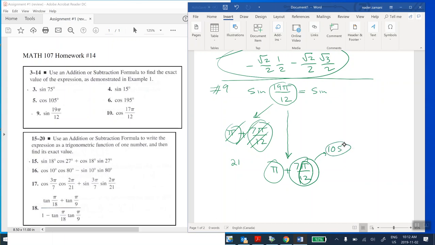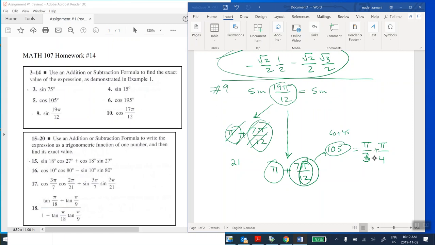And can I think of 105 as pi over 6 plus pi over... 105 is 60 plus 45, so pi over 3 plus pi over 4.